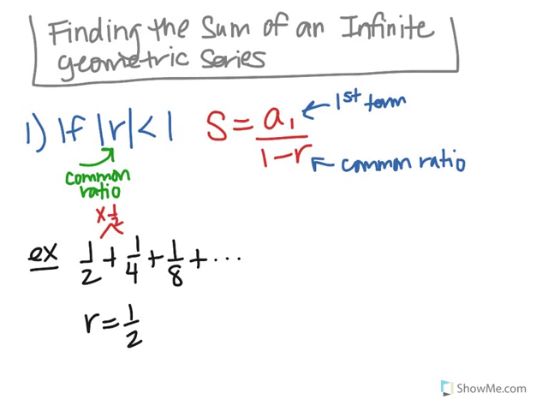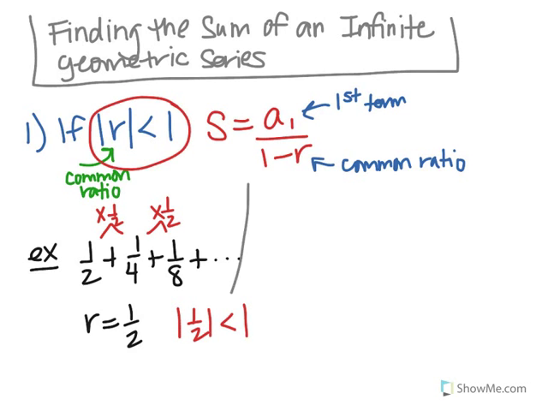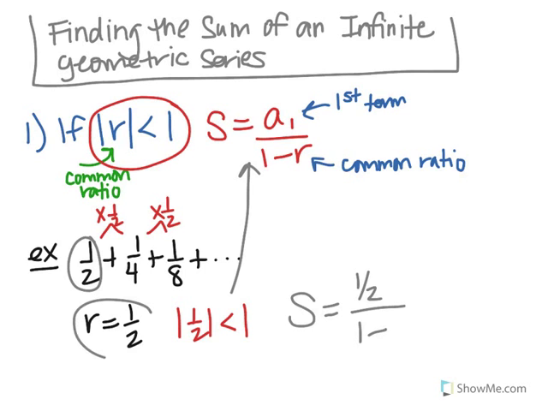Since the absolute value of 1/2 is less than 1, I know I'm going to use this formula. So the sum would equal the first term, 1/2, over 1 minus the common ratio, 1/2. Well, basically I get 1/2 over 1/2, or 1, and that's what I got on the calculator by just summing up a whole bunch of terms.